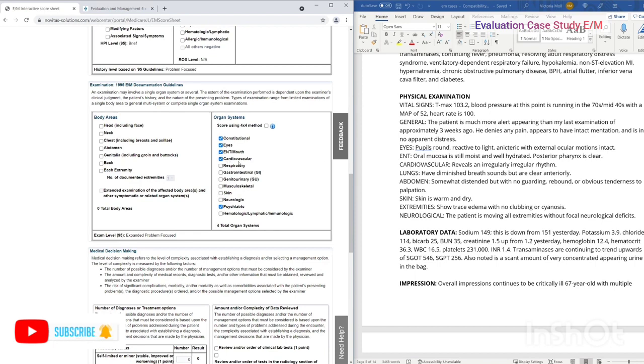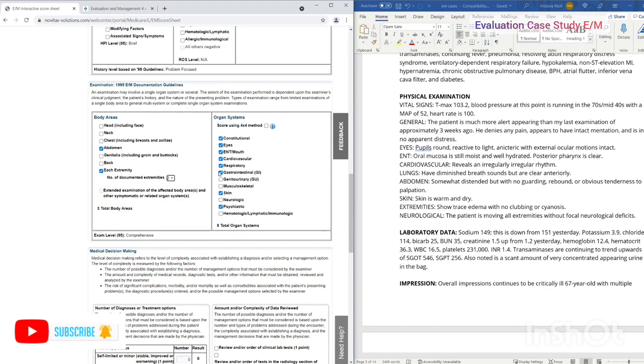We have cardiovascular. We have respiratory for the lungs. Abdomen is distended. So we have abdomen there. Skin is warm and dry. We have extremities. Now this is plural, but I don't know exactly how many. So I'm going to count for at least 2.